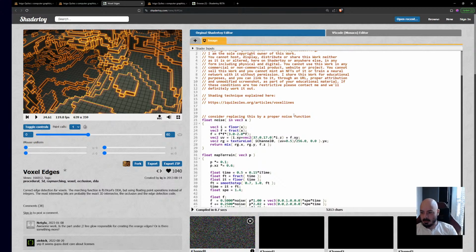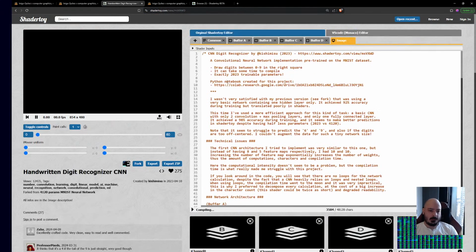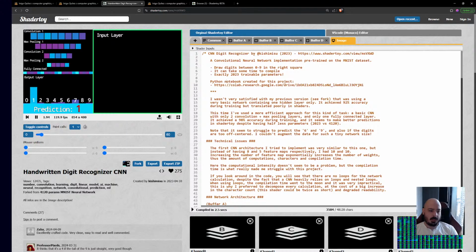All right, let's have a look. Mo Chow just sent me a link. Check out this one. All right, I'll look. Let's see. CNN digit recognizer. Oh wow, it's a neural net that can recognize numbers. That's pretty cool. That is very cool.